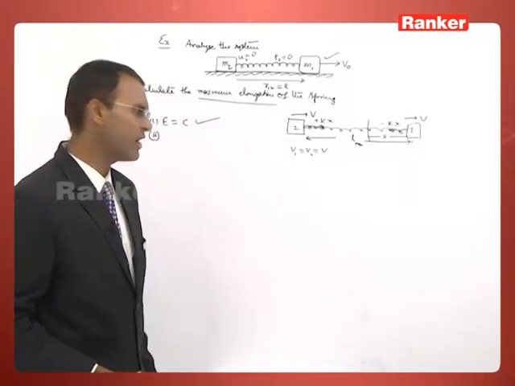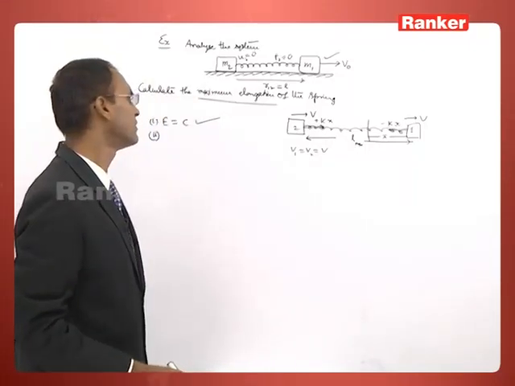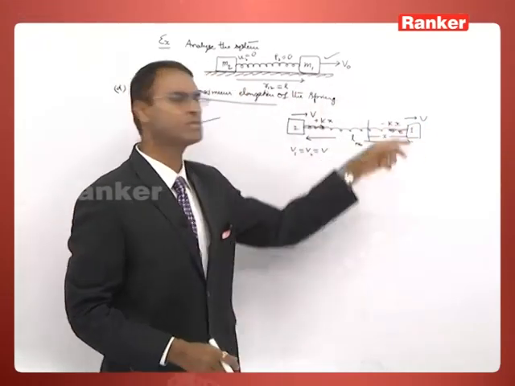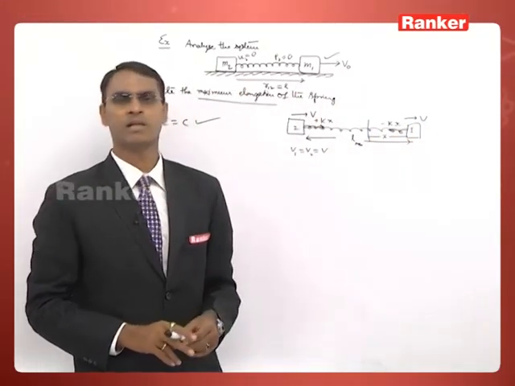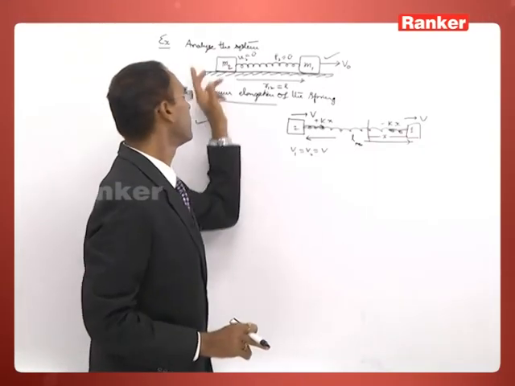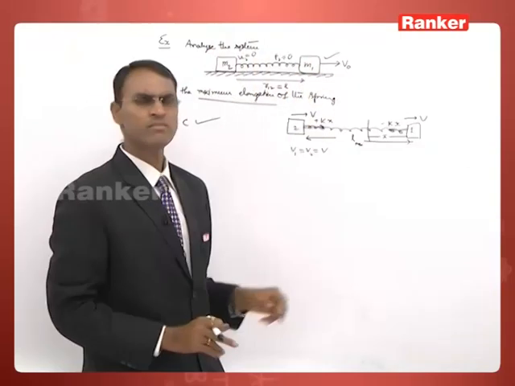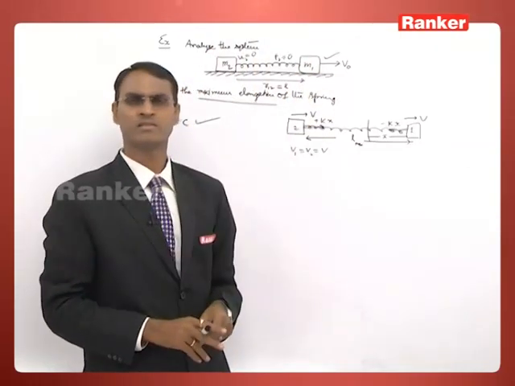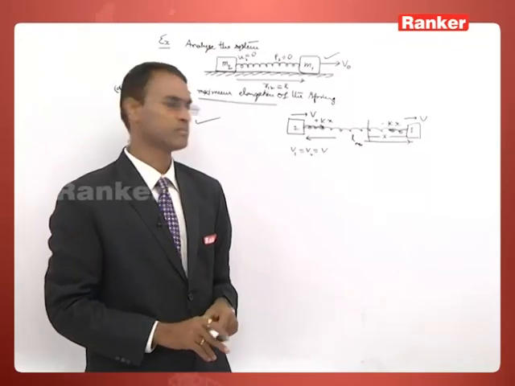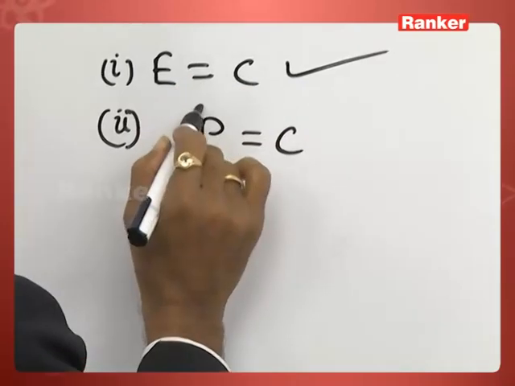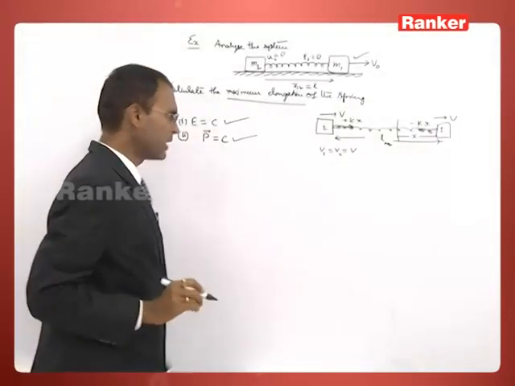Therefore, the net force acting on the system will be equal to 0. They are internal forces. I told you that the net internal force acting on the system must be 0, and in the system we cannot see any force acting from outside as a whole. Therefore, we can conserve the linear momentum of the system.